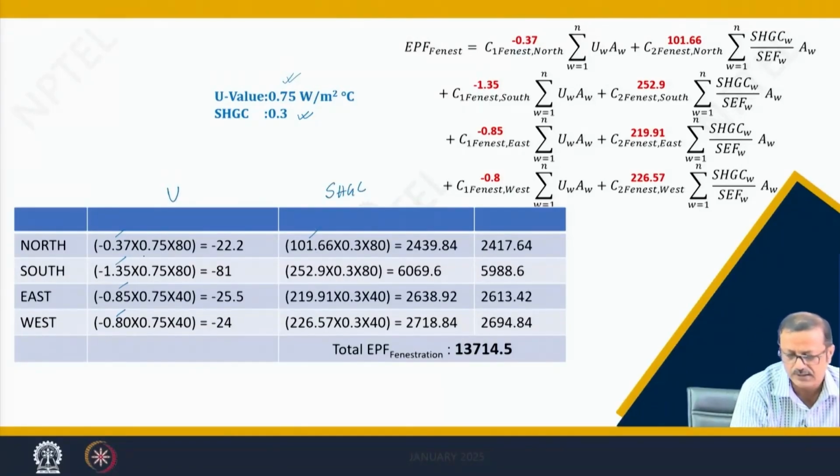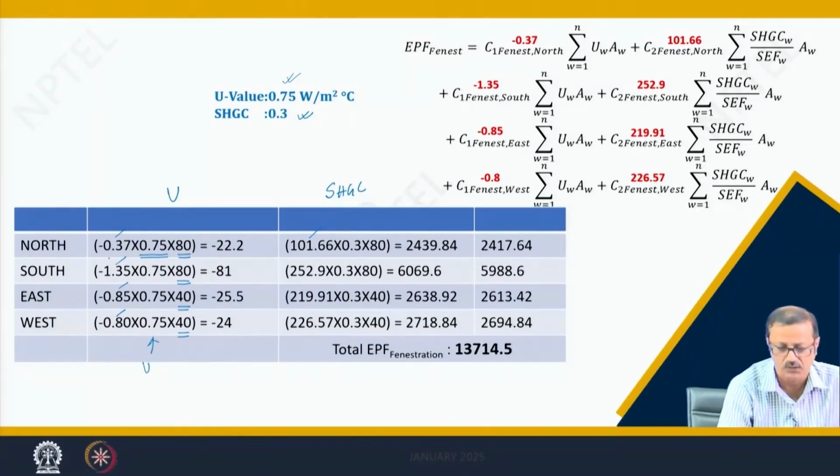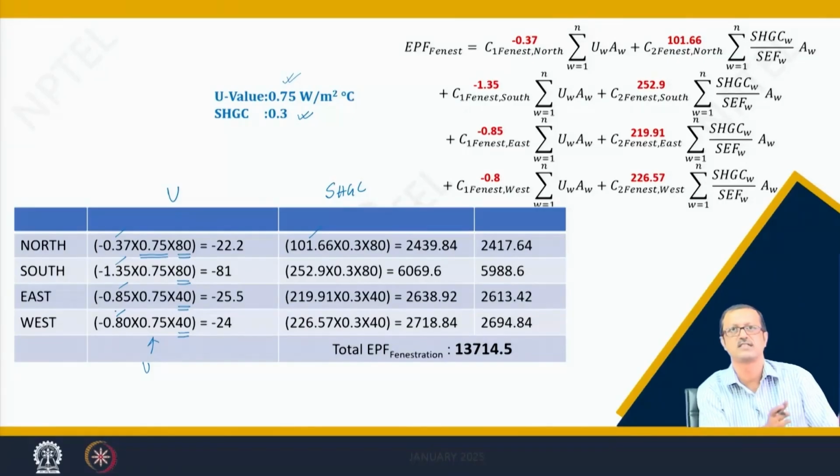So, this is the U value 0.75 and 80 is the area of the north window, 80 is the area of the south window, 40 is the area of the east and 40 is the west, and all are multiplied by 0.75, which is the common U value, and those negative numbers are the C1 factor for all the four sides.